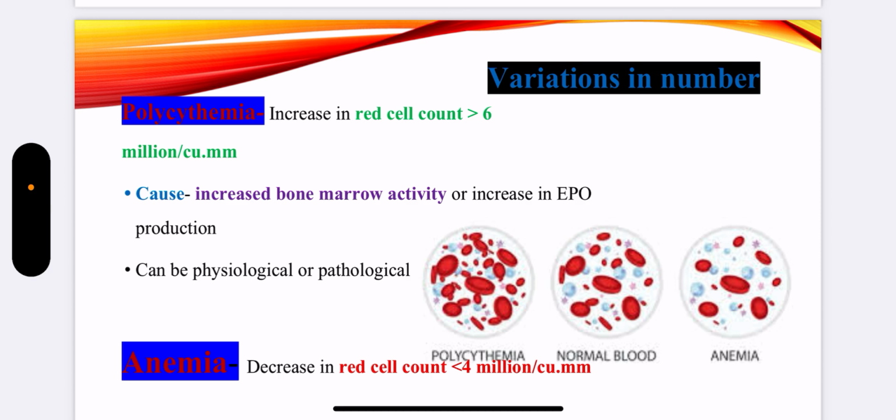EPO stands for erythropoietin. Erythropoietin is basically a glycoprotein that is responsible for erythropoiesis and its regulation.